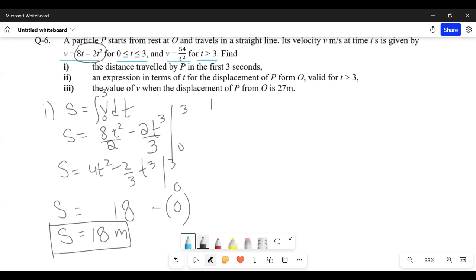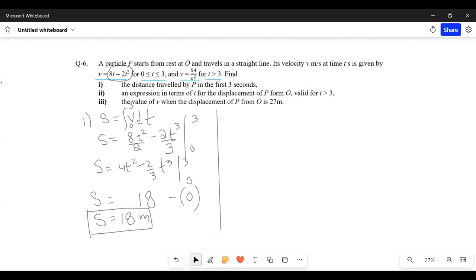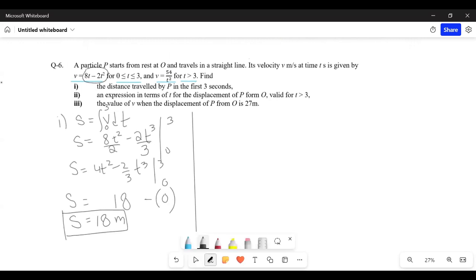Part 2 is find an expression in terms of t for the displacement of P from O valid for t is greater than 3. Okay. Now we integrate the second equation of V for which time is greater than 3.